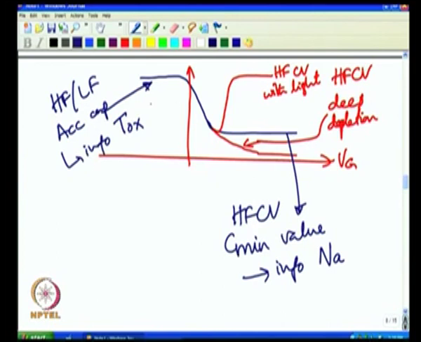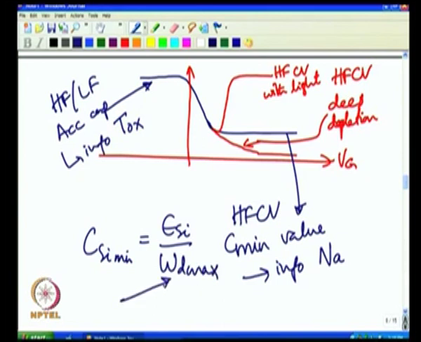Because you know Cox, you can take out the effect of Cox, and you can actually get the minimum silicon capacitance. Once you get it, you also know that C silicon minimum is epsilon silicon divided by WD max, and hence you get WD max, correct.